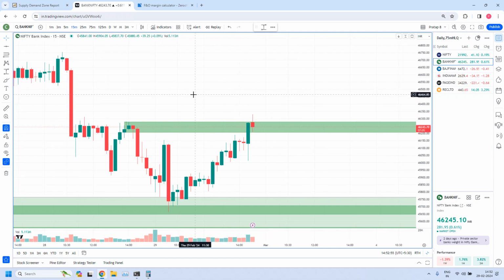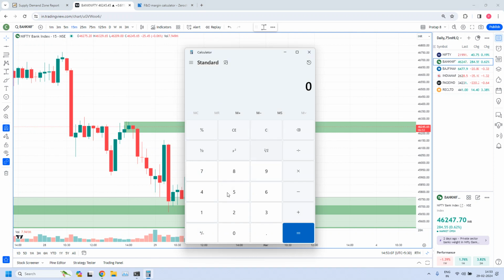Oh my God. Okay. The open of this candle is the target: 46,206.45. Let me check again. 46,255, oh, sorry.